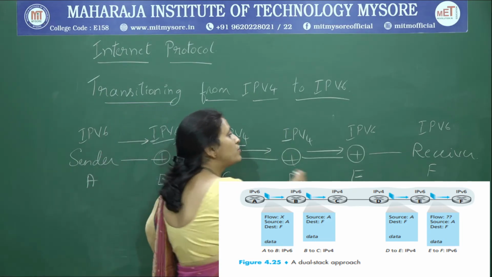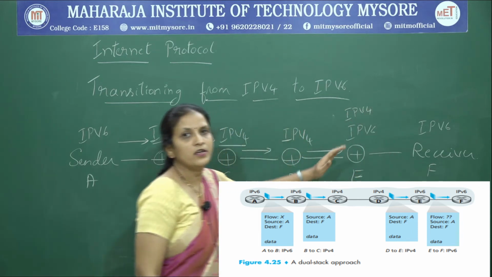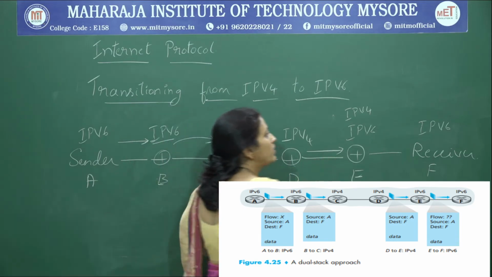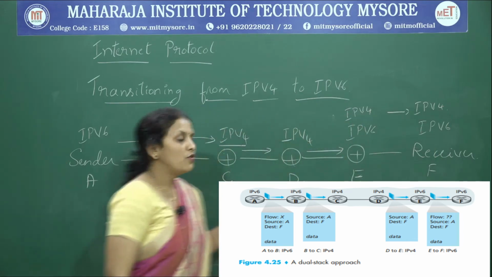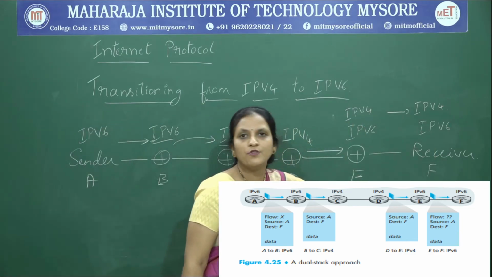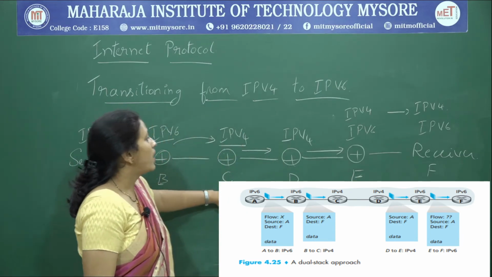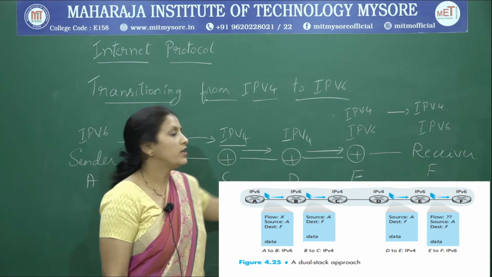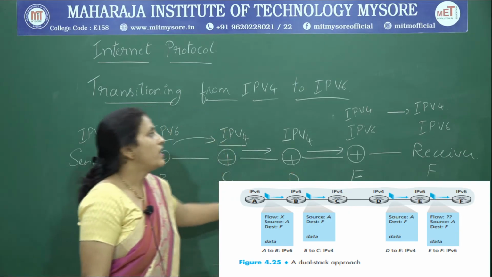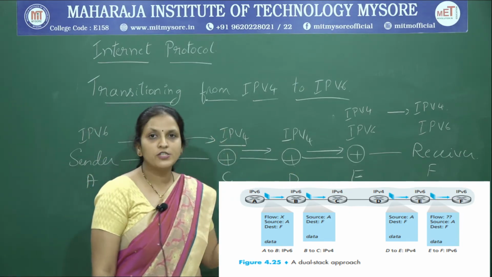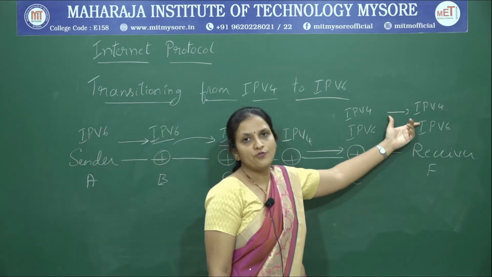So we were forced to have an IPv4 datagram packet here, delivered in IPv4 format. Even though both sender and receiver are IPv6 compatible systems, just because we have IPv4 compatible nodes in between the route from A to F, it was made compulsory that the datagram transfer from A to F be in IPv4 format.